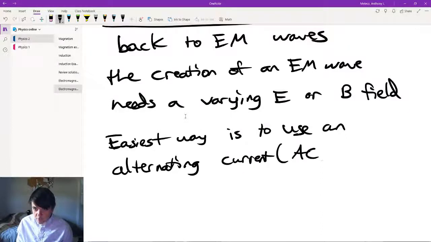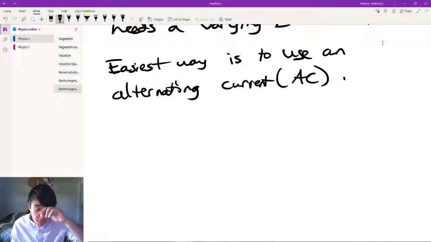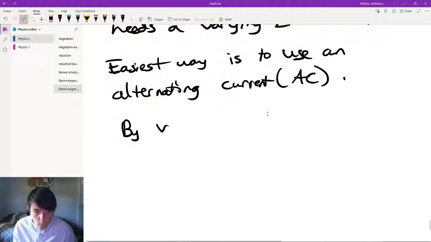Now, we didn't really do AC too much when we were doing circuits. We mostly talked about DC, but you do need an AC current because it's moving, right? It's moving back and forth. You're using a positive voltage, negative voltage, positive voltage, negative voltage, and flushing those charges back and forth. But you do need one of those to make this happen.